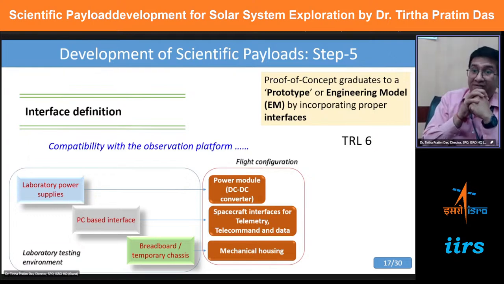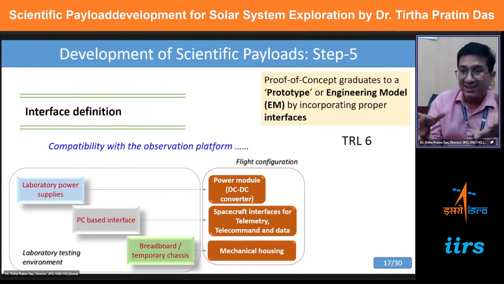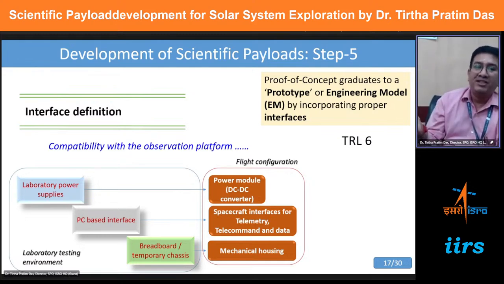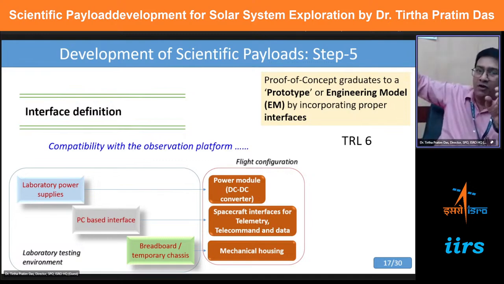Coming to step 5, a very important step it is. Proof of the concept now graduates to a prototype or engineering model, EM, by incorporating proper interfaces. I've already told you about a few interfaces, did I not? I spoke about the power interface, right? In the laboratory environment, when you are doing your proof of the concept, you must have used your adapter from your instrument plug point to power your system.